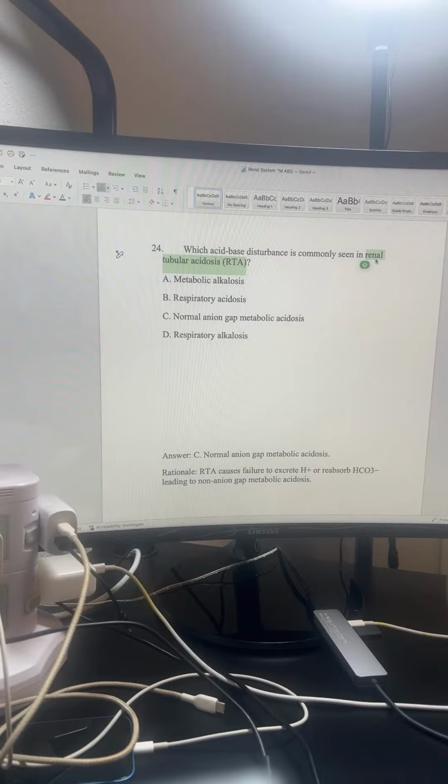With the kidneys, it's metabolic, and from there you use your process of elimination. It's important to read carefully. Definitely look at the keywords, because it's going to be some simple things that are there.